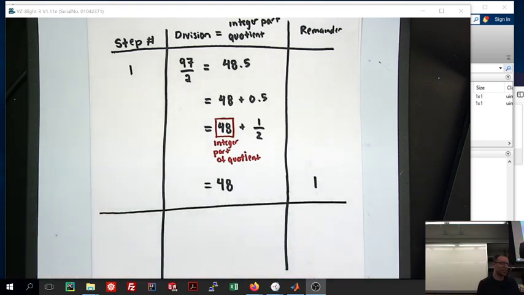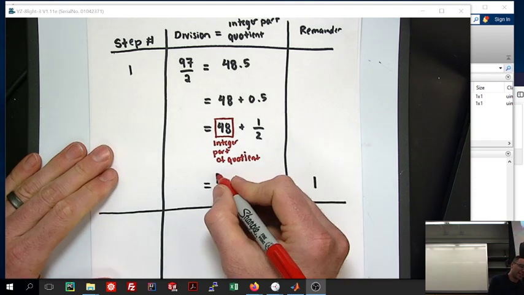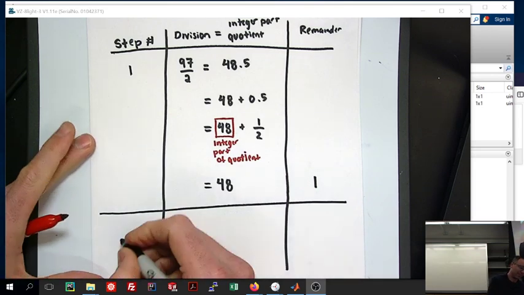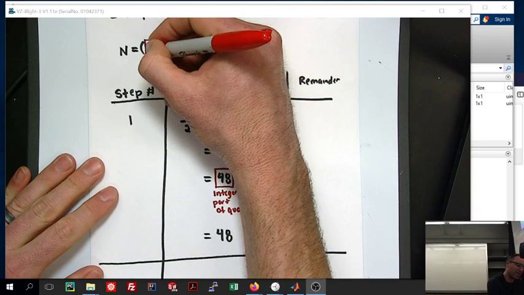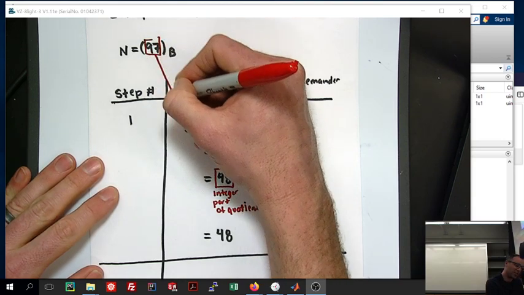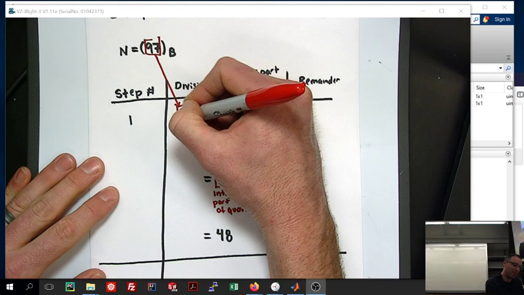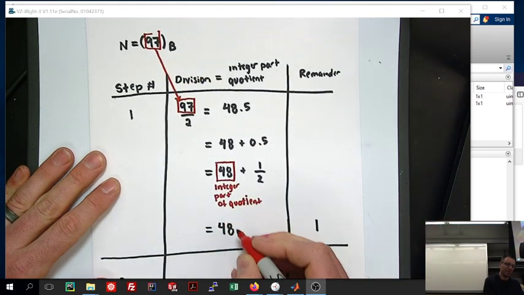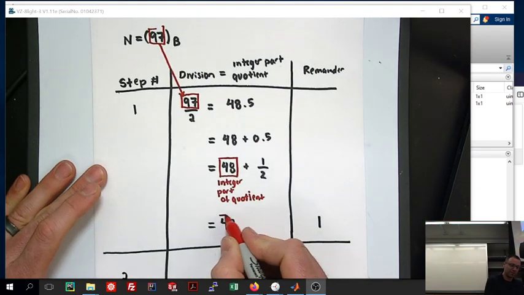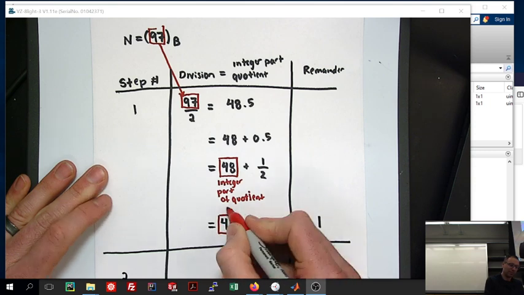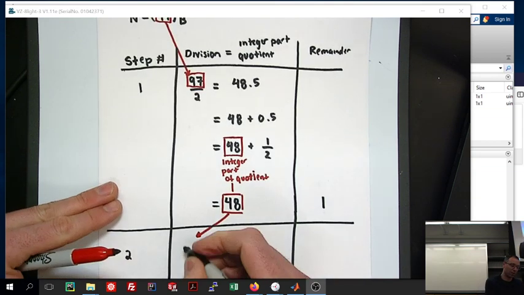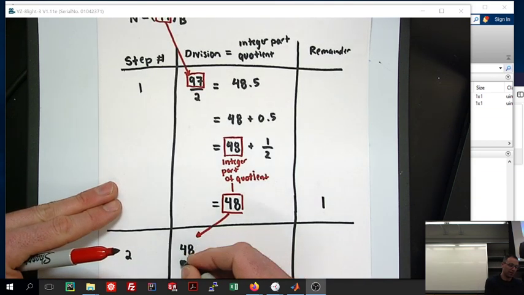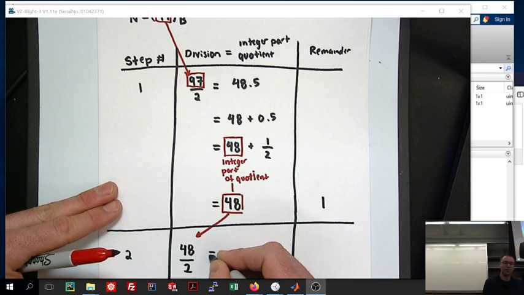Can you guess what the next thing we're going to do is? We're going to take this number. Step 0 was just to take the entire number and drop it into the numerator in step 1. Can you guess what step 2 is going to do? Take the integer part of the quotient and divide by 2.